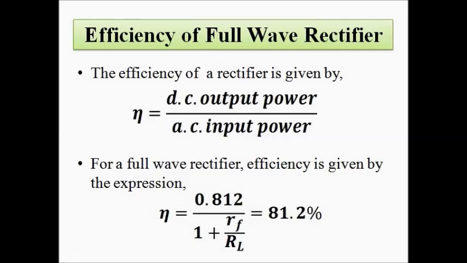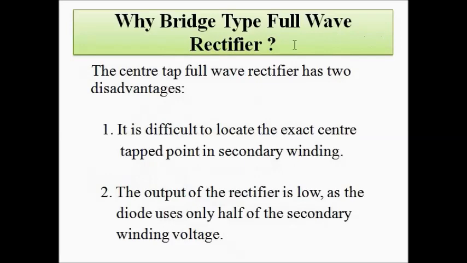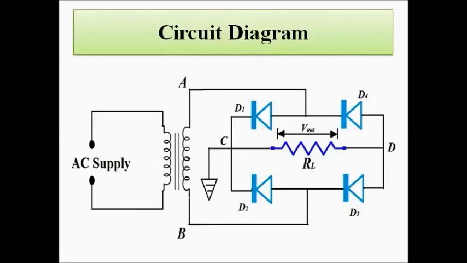So, here we have discussed the concept of full wave rectification through the bridge type full wave rectifier. We have discussed why the bridge type full wave rectifier is used by identifying the disadvantages of the center tapped full wave rectifier.